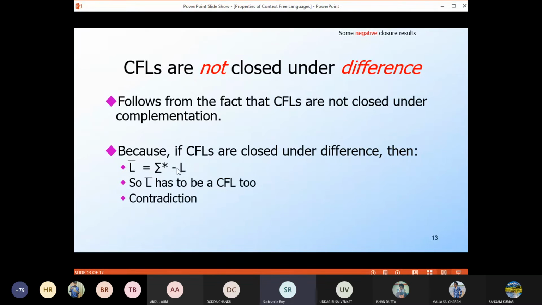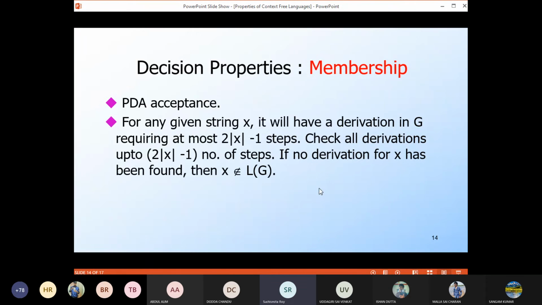If difference were to be closed, then complementation also would be closed. If complementation were to be closed, then intersection would be closed, and we have already shown by existential proof that it is not closed. So by this logic, difference is also not closed for context-free languages.